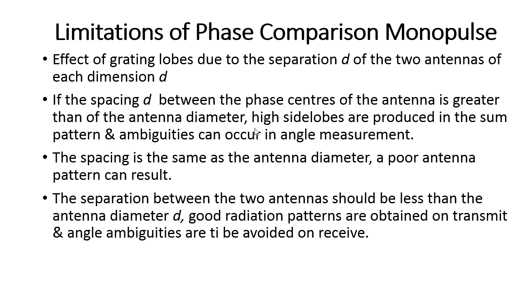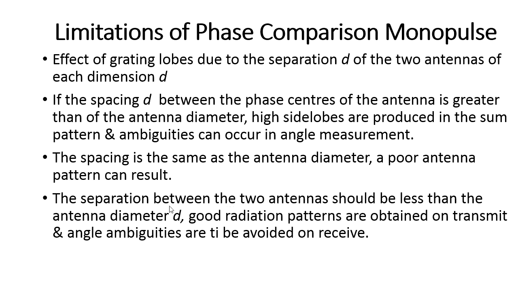And if the spacing is the same as the antenna diameter, where d is the distance between the antennas and the antenna diameter is the diameter of the parabolic antenna, then that can result in a poor pattern in the echo signal or transmitting signal.